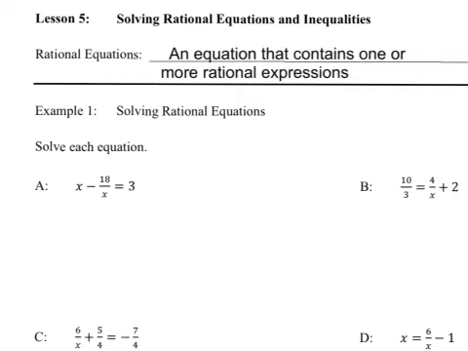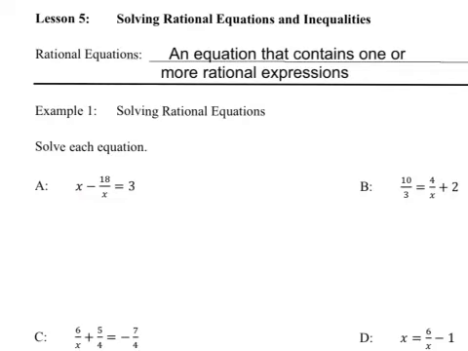Okay, so if you look at example 1, letter A, you notice we have x minus 18 over x equals 3. So in order to subtract those, we need a common denominator. So right here, we need to get that denominator on this side because we don't have one of those over here.